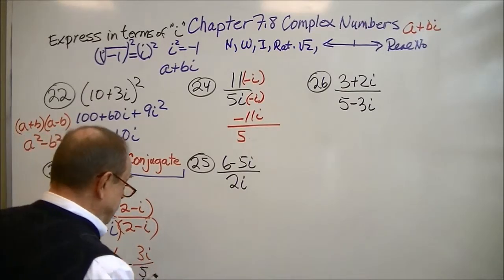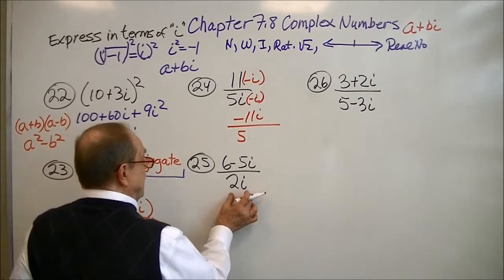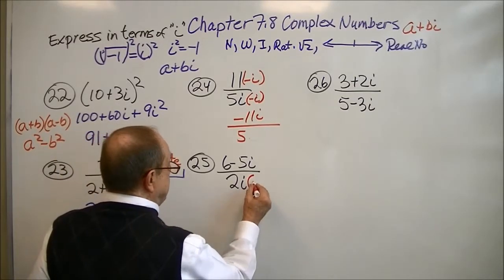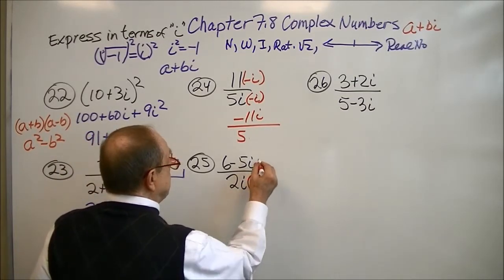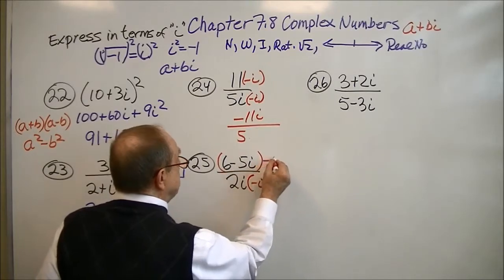So here, the same thing. We're going to multiply it by a negative i, and this by a negative i.